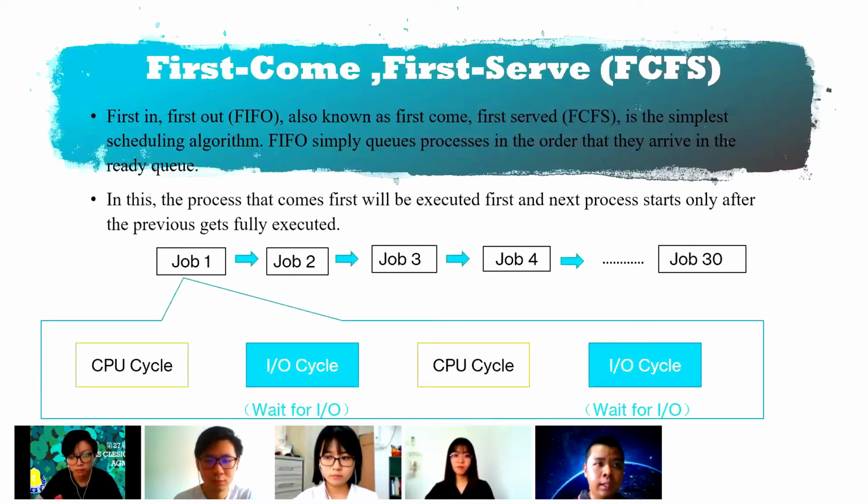It is the most commonly used algorithm because it is the easiest and the simplest. However, it has a serious drawback, where it has long turnaround and waiting times.